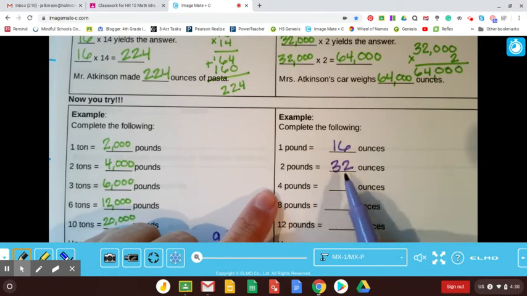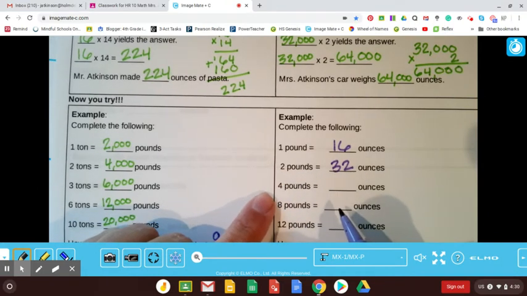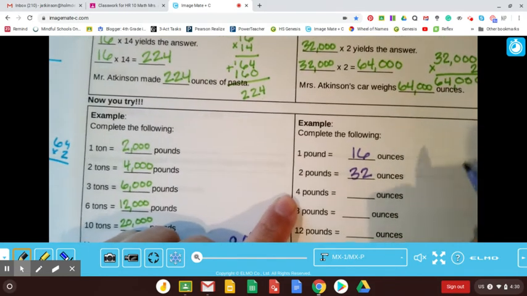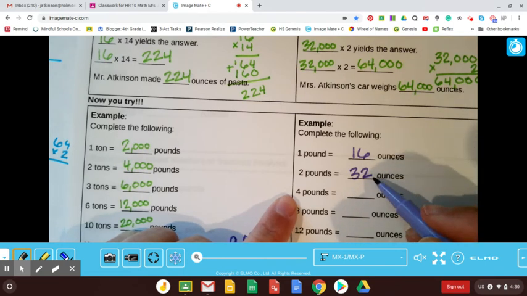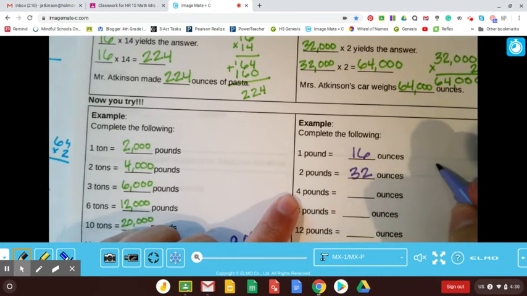Well, so if 2 pounds is 32 ounces, how many ounces would 4 pounds be? We might be able to do this in our head, or we could say to ourselves, we could do 4 times 16 if we wanted to.